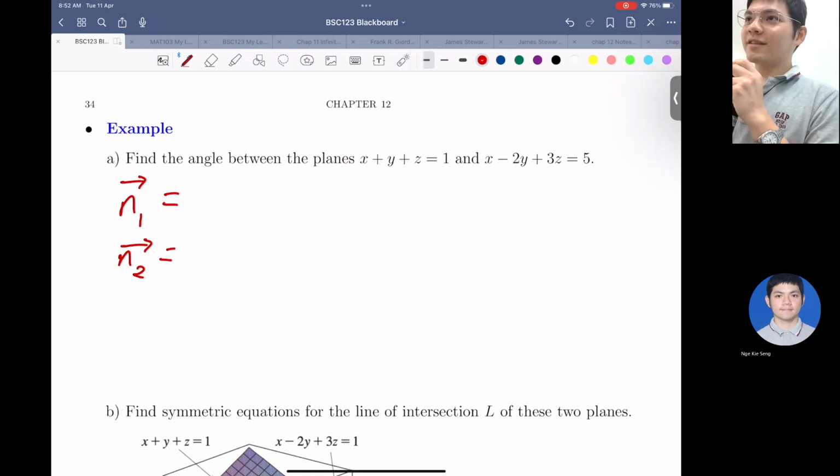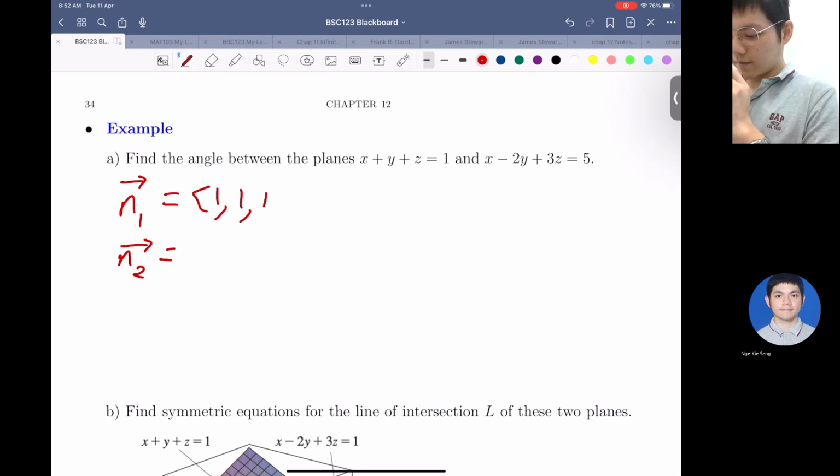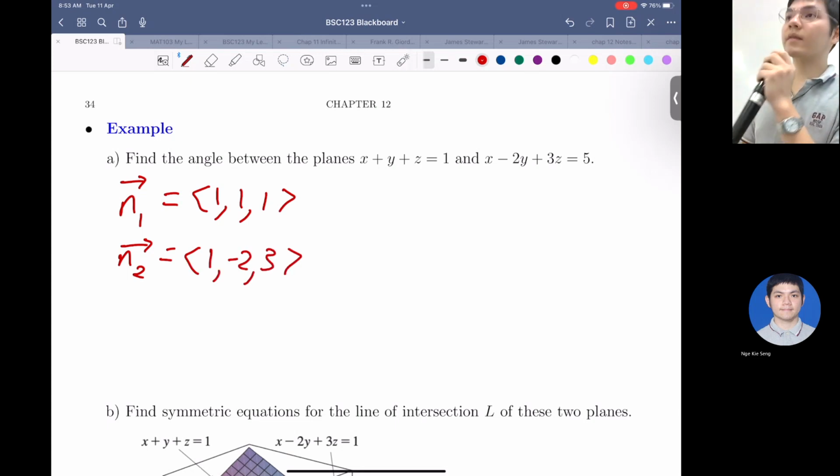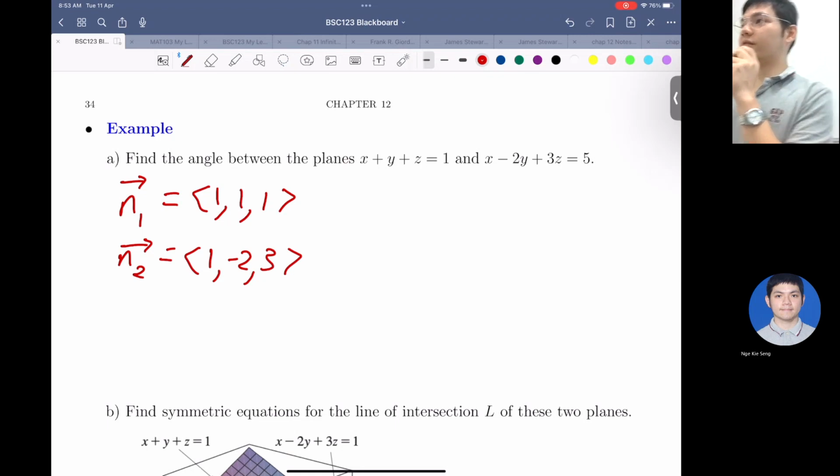Can you quickly get the normal vector? It is just the coefficient in front of x, y and z.